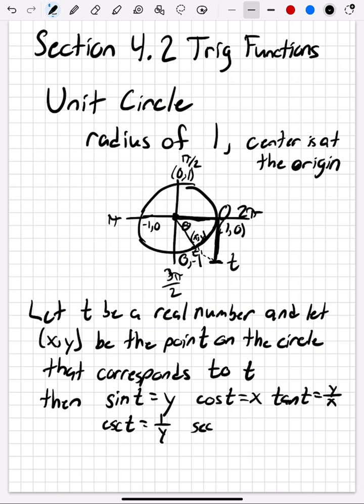And then secant of t is 1 over x. And cotangent of t is x over y. Okay. Whoop, I deleted all of that. Sorry about that. So we have tangent of t is y over x. So cotangent of t is x over y. So you definitely want to have these written down just for you to be able to look at and reference along with the unit circle.